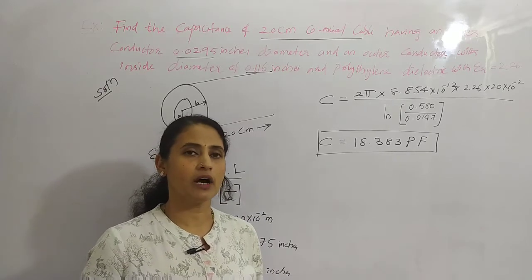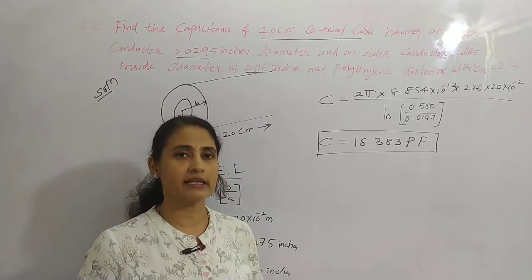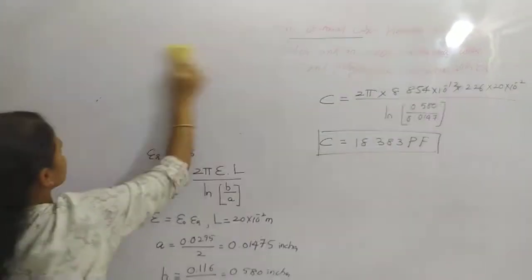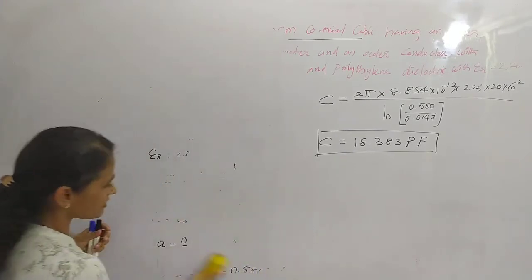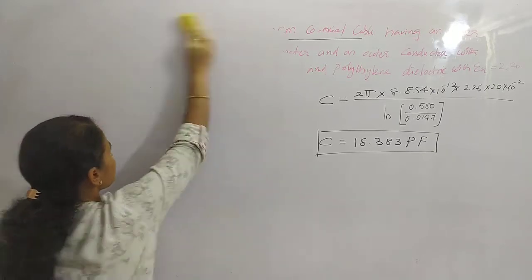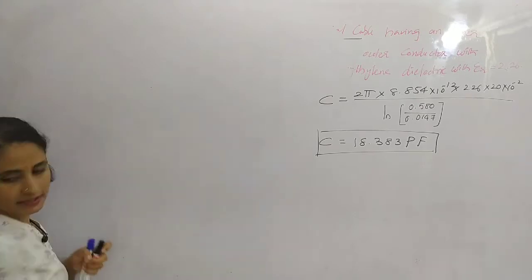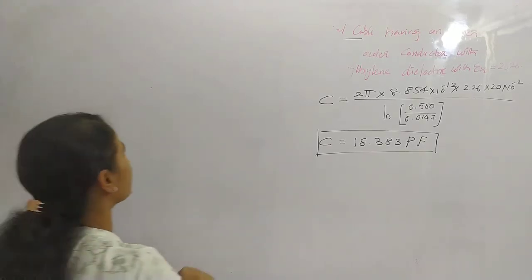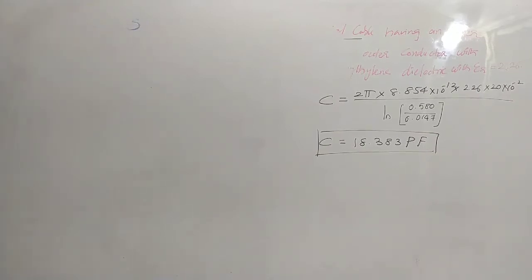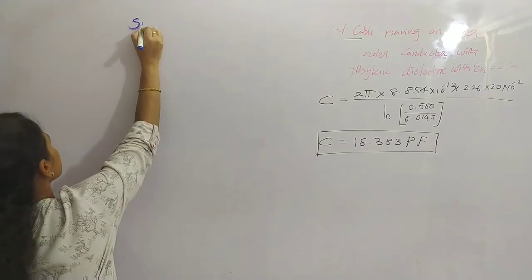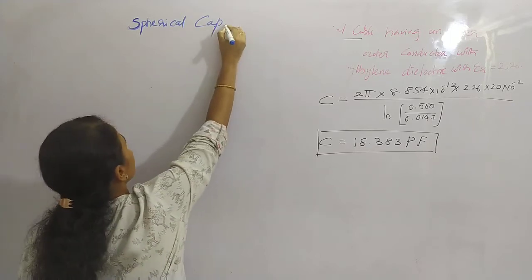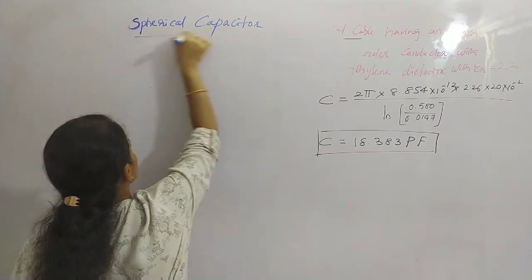Now we will move on to the concept of capacitance in a spherical capacitor. A spherical capacitor means there are two concentric spheres with different radii.